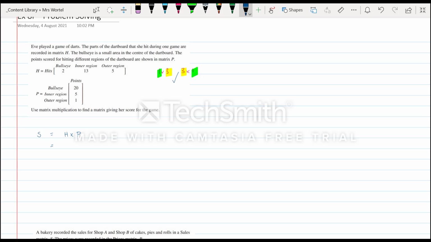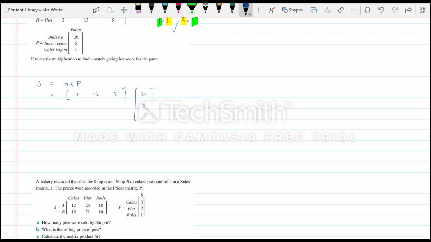So let's go ahead and do that. So let's go H, 2, 13, and 5, multiplied by P, 20, 5, and 1. Now following our matrix multiplication rules, we go across our first row and down our first column. There is only 1 row and 1 column, so it's going to be pretty simple.